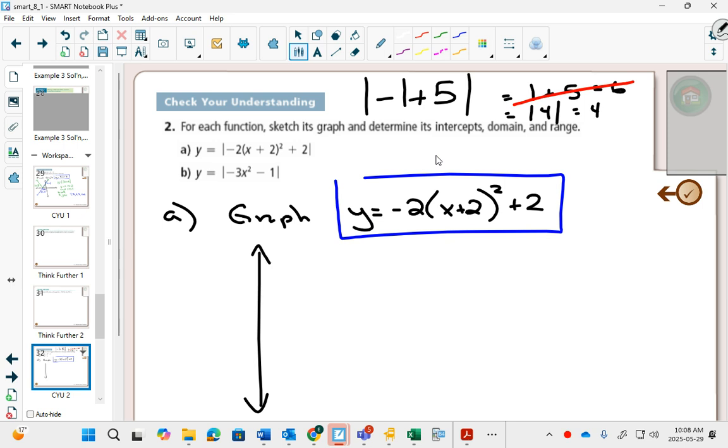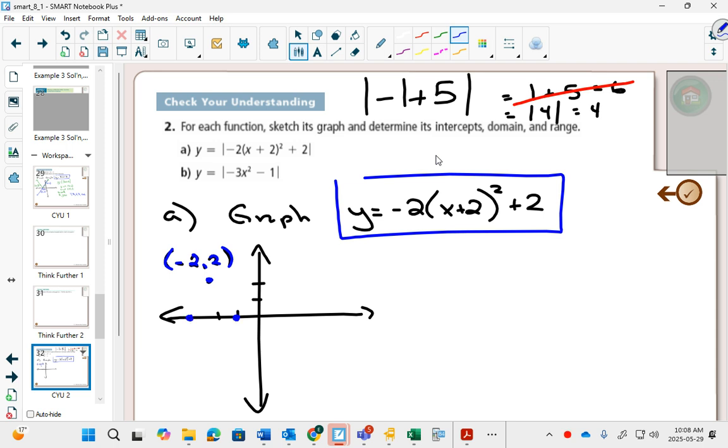So when I go to sketch this, this is a parabola. What do I know about this parabola? Its vertex is at -2, 2. It opens down. So I'm going to do this in blue. -2, 2. Over 1, down 2, over 1, down 2.